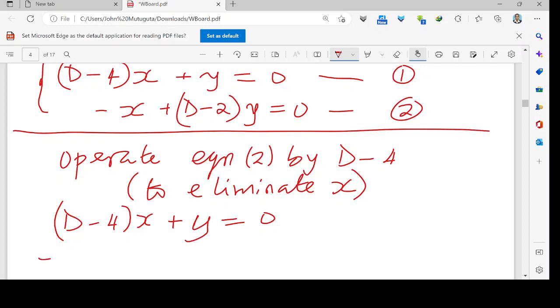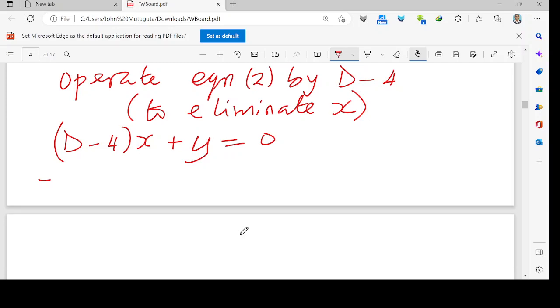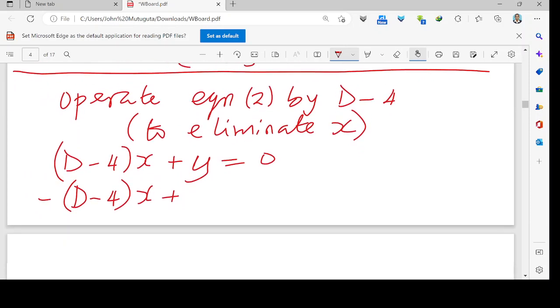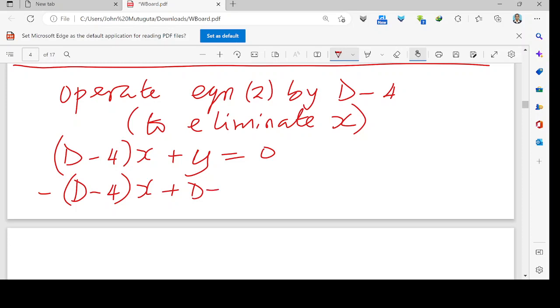In the second equation, we have minus D minus 4 operating on x, then plus D minus 4 operating on D minus 2, which operates on y, and this is equal to 0.